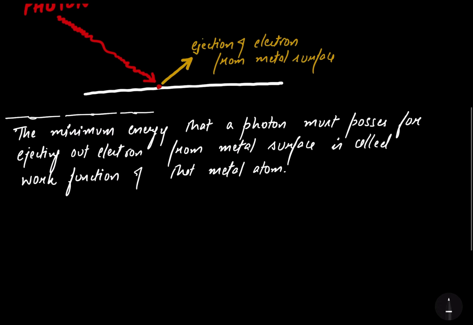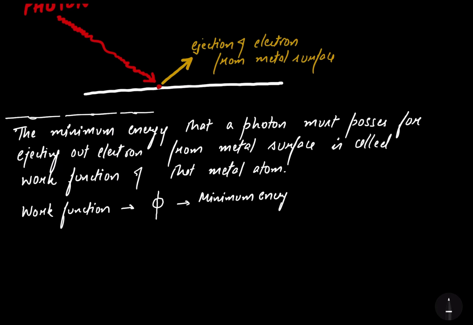Now, work function is represented by a symbol phi. And it is the minimum energy of photon to cause photoelectric effect.